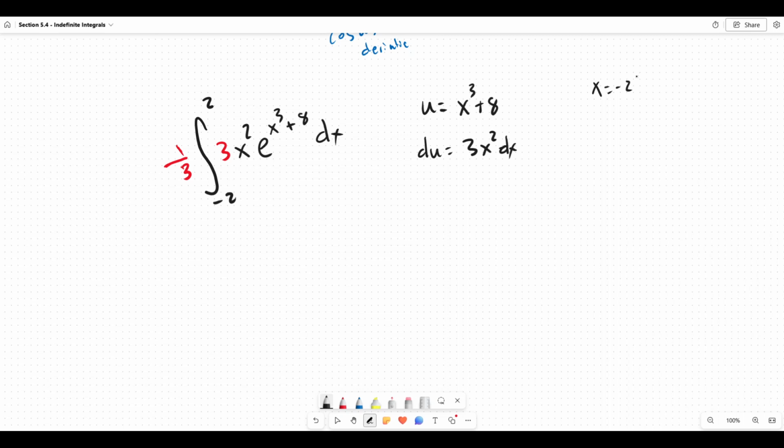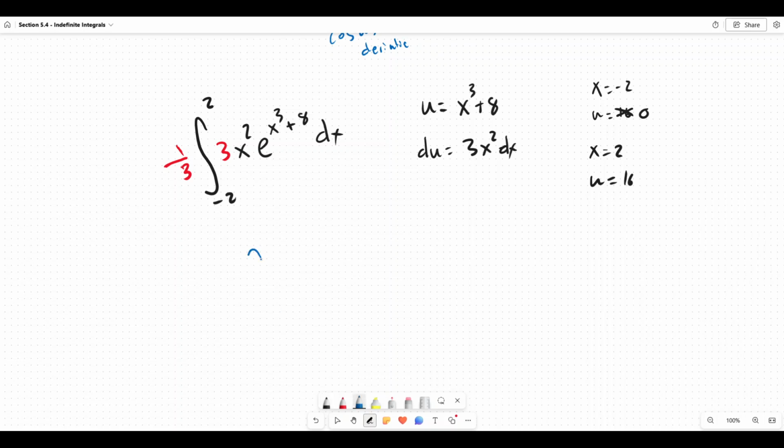It's going to be negative 8 plus 8. Negative 2 cubed, oh, sorry, that's actually negative 8. It's actually 0. When x equals 2, u is 16. So going from negative 2 to 2 is the same thing as going from 0 to 16.